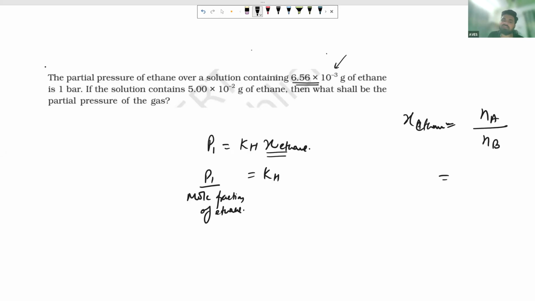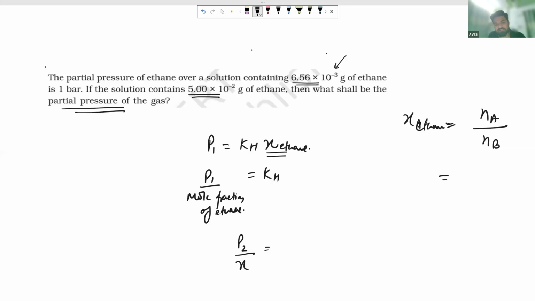Now the second case, the KH value for the particular gas is fixed. It does not change. Now here, if the solution contains this many grams of ethane, what will be the partial pressure of the gas? So it is asking for the partial pressure P2 for the second case, and that is the mole fraction of ethane.